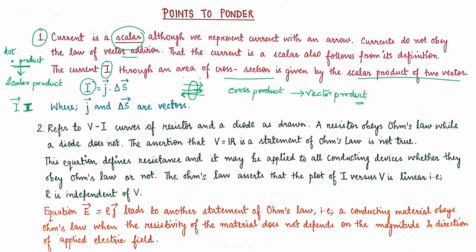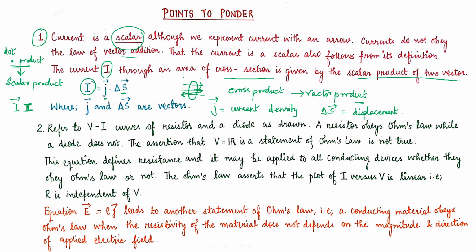So it is a scalar quantity, where we multiply J, the current density, which is also a vector quantity, with del S, the displacement, again a vector quantity.